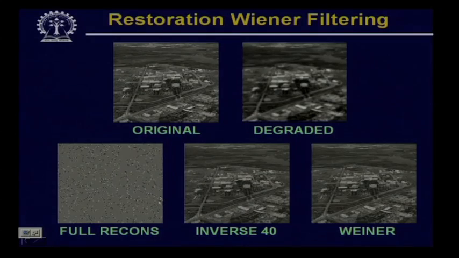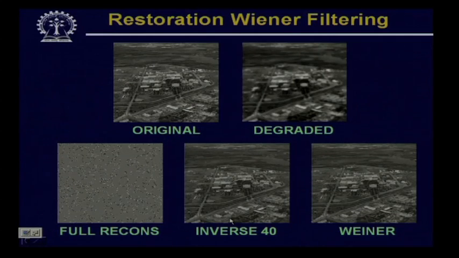Now, if you compare the inverse filtered image with the distance equal to 40 with the Wiener filtered image, you will find that the reconstructed images are more or less same, but if you look very closely, it may be found that the Wiener filtered image is slightly better than the inverse filtered image.